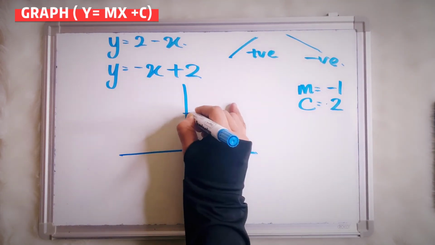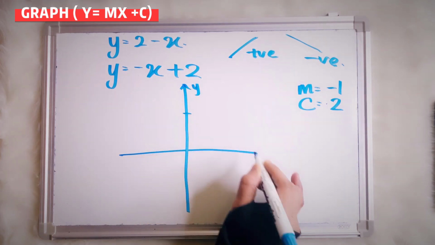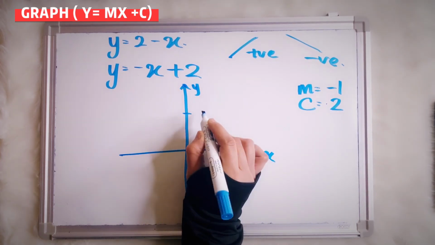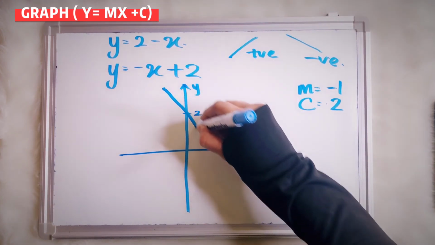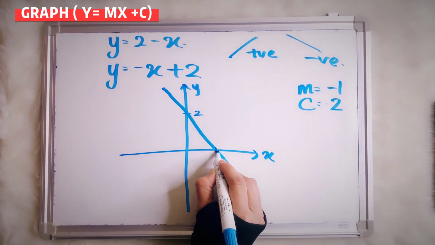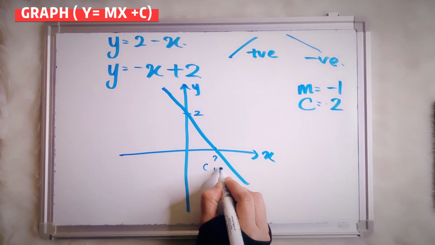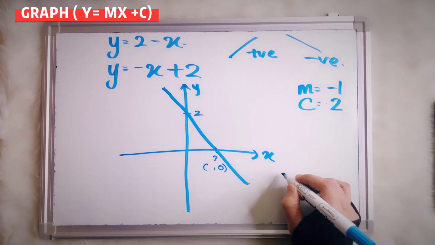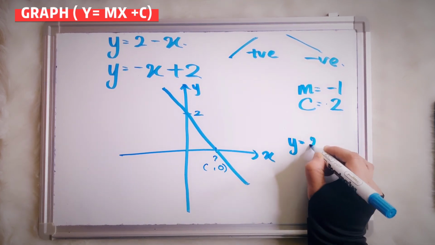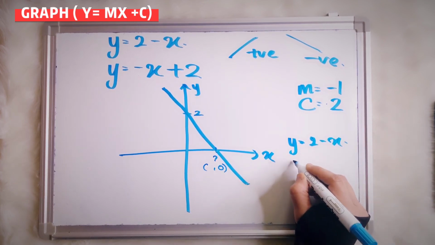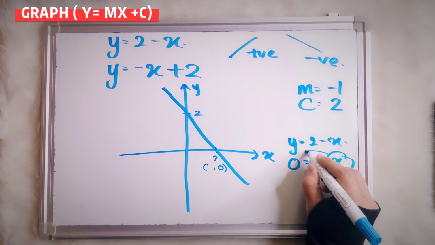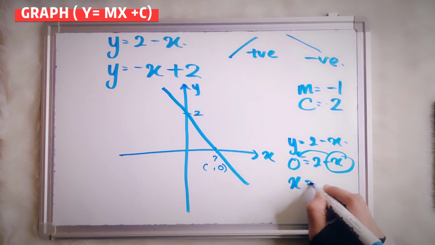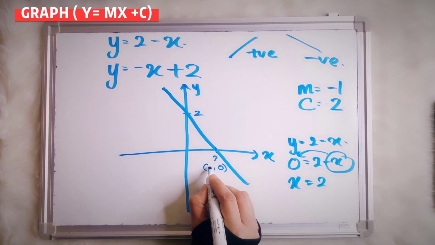Here is y and here is x. This is 2, our y-intercept. Our graph is negative, so it will be like this. What is the value here? We know y is 0. So put the equation y equals 2 minus x. Your y is 0, so 2 minus x, I bring negative x to this side, so it will be positive. So your x is 2 here.